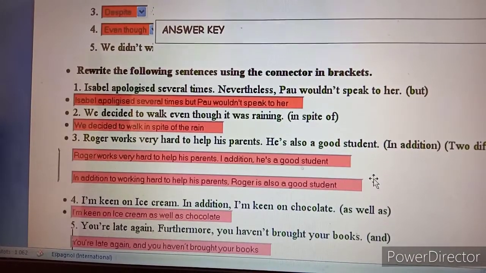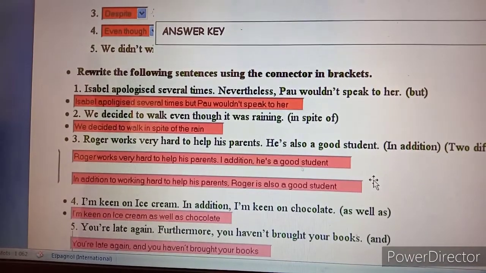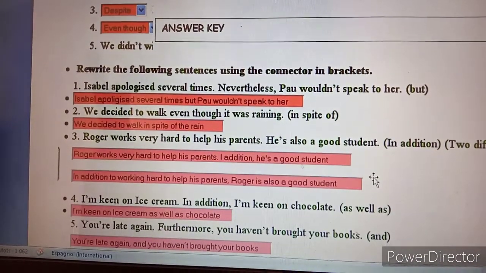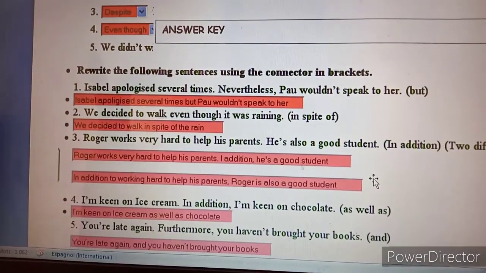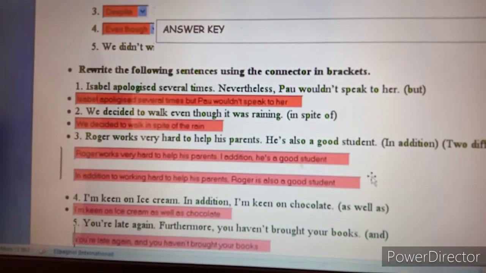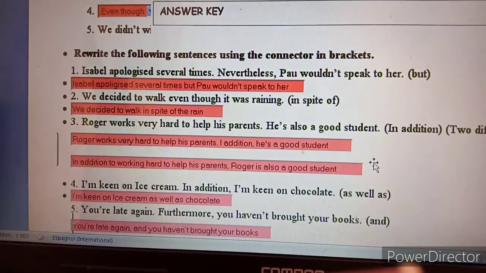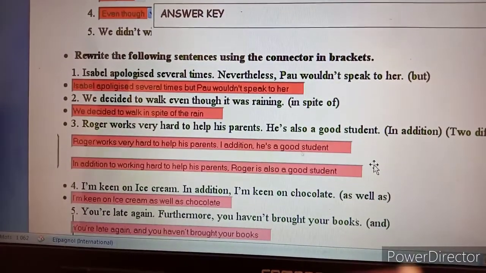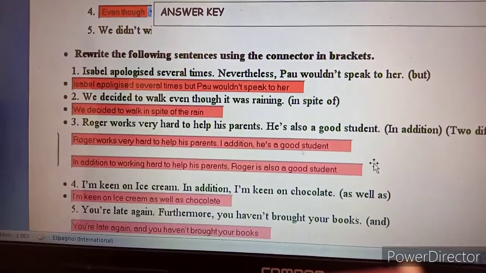As you see here, even though is followed by a pronoun, which is it. Listen, when we put in spite of, we put a noun phrase or a gerund. So here in this sentence, we decided to walk in spite of the rain. We changed the sentence into a noun phrase.